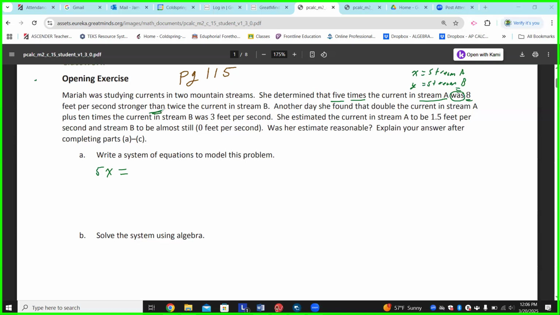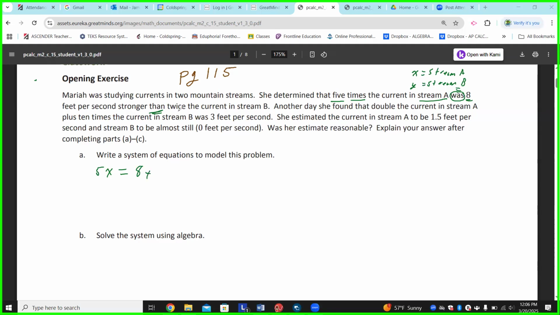You will add 8 to whatever you have. So when I see 8 feet per second stronger than, this stronger than means larger than or more than, all just a plus sign. So this is going to be 8 plus something. I don't know what something is yet.